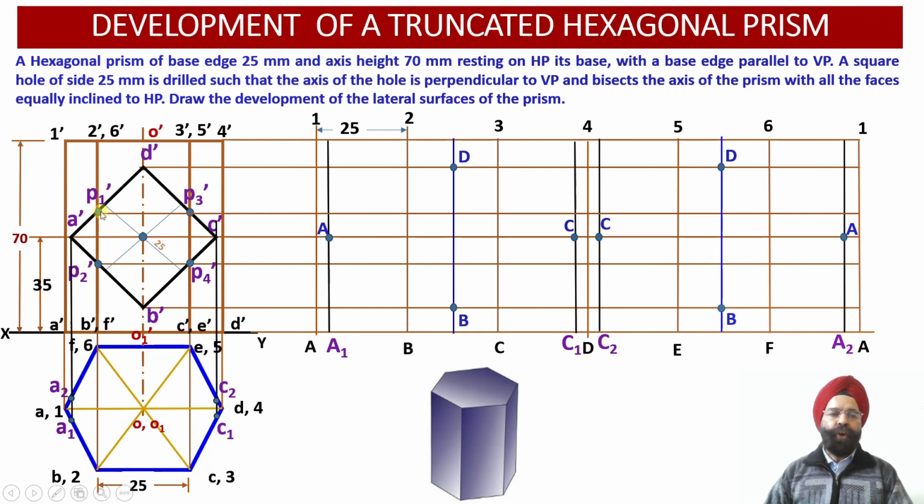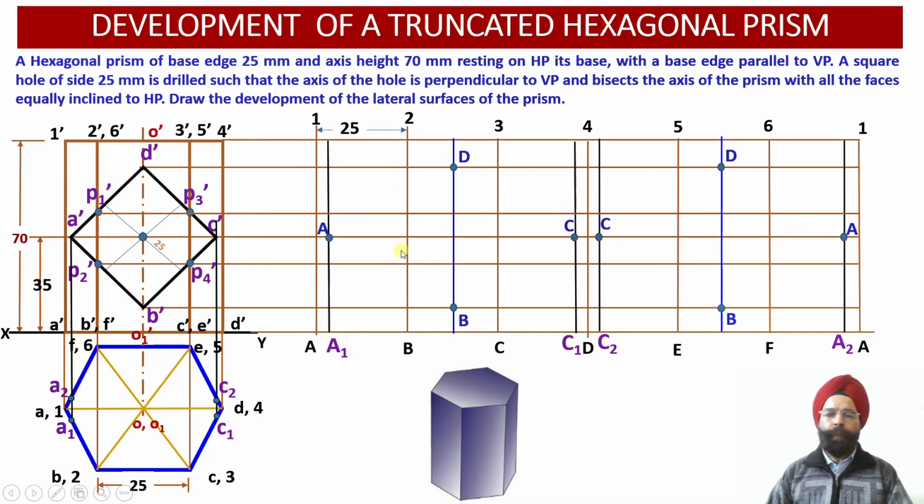So if from these 2 points P1 dash and P2 dash we draw 2 horizontal projector lines, wherever these lines intersect with the vertical edges 2B and 6F, we obtain the corresponding points of intersection.